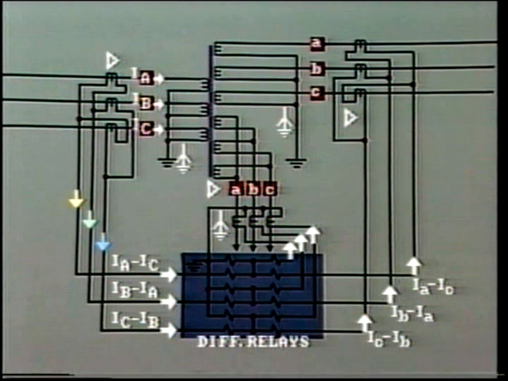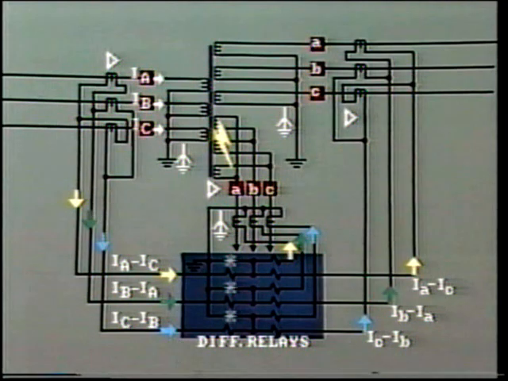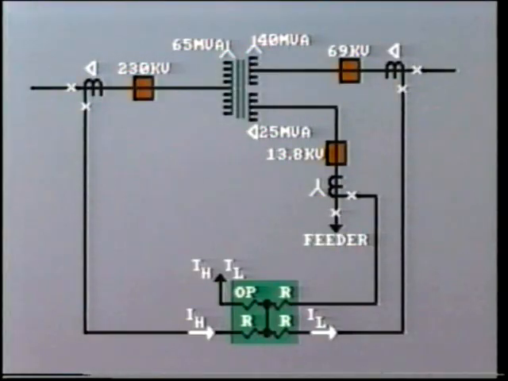With balanced operating conditions, these three sets of currents cancel, and no current will flow through the operating coil. If an internal fault occurs inside the transformer, then out-of-balance currents flow in the operating coils, and the relay will trip. With the multi-winding transformer, selecting the correct CT taps and calculating the mismatch is similar to our earlier example.